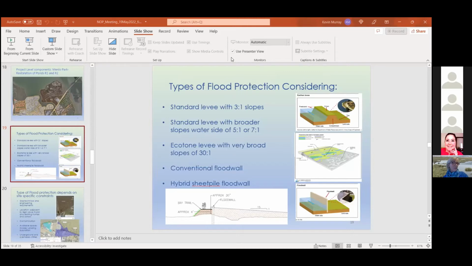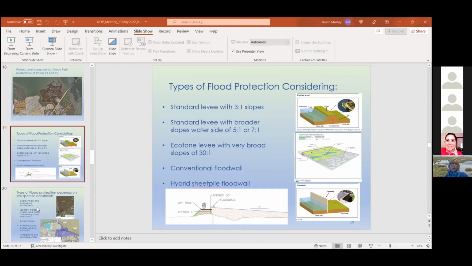We are looking at a bit broader slopes on the bay side, as this will be important for healthy tidal marsh shoreline, as well as for the adaptive capacity. Levees in and of themselves have a greater adaptive capacity in the event that seas rise faster than current projections. You can add more soil to the top. It's harder to do with flood walls, but we know that where there are space constraints, we will need to build them.